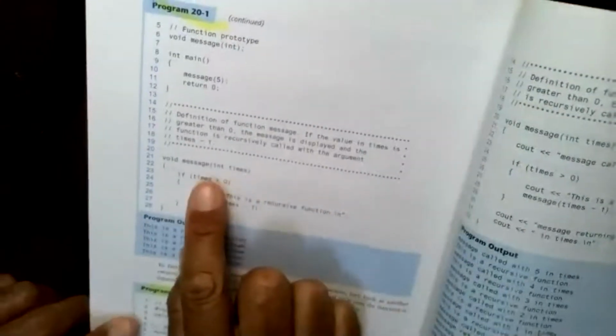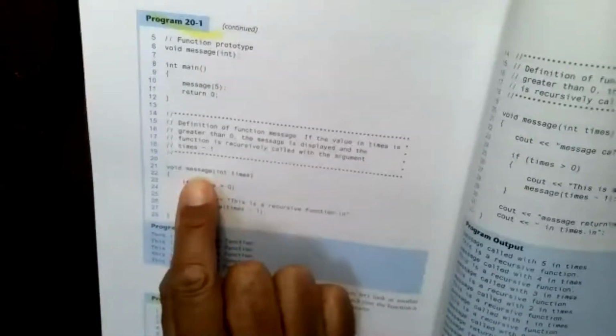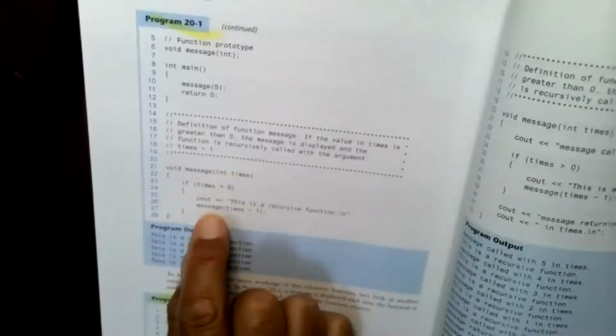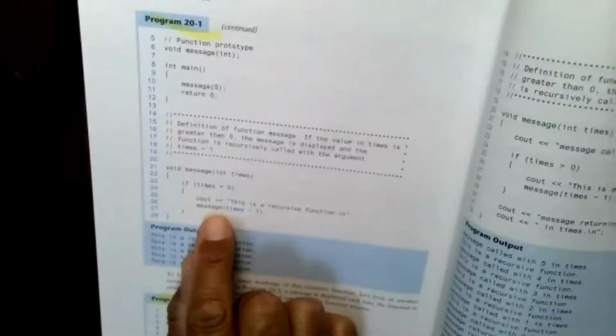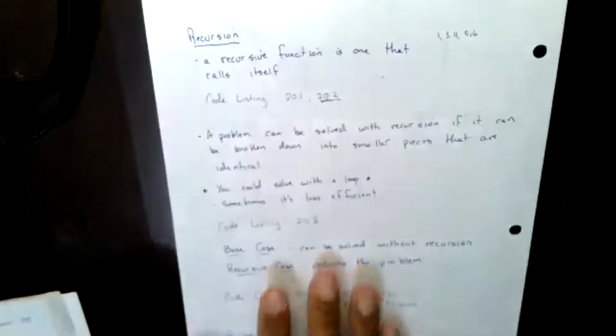In 20.1, I have a recursive function. My function is called message. I bring a number in. I come down here. If it's greater than 0, then I keep going. I call message again. It's another example in 20.2 of one called message you typed in.